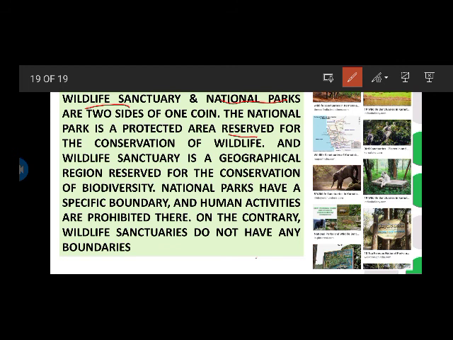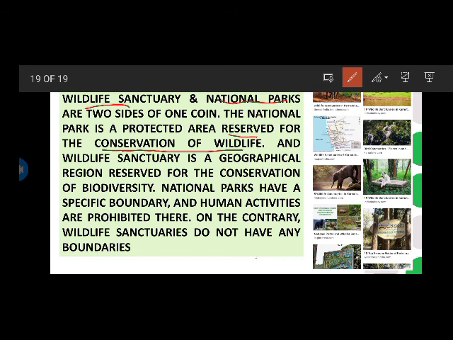This area won't be touched for any other purposes, only for the conservation of the wildlife. Wildlife means all the flora and fauna. Flora means the plants, fauna means the animals. So to conserve them, these national parks are being protected by the government.